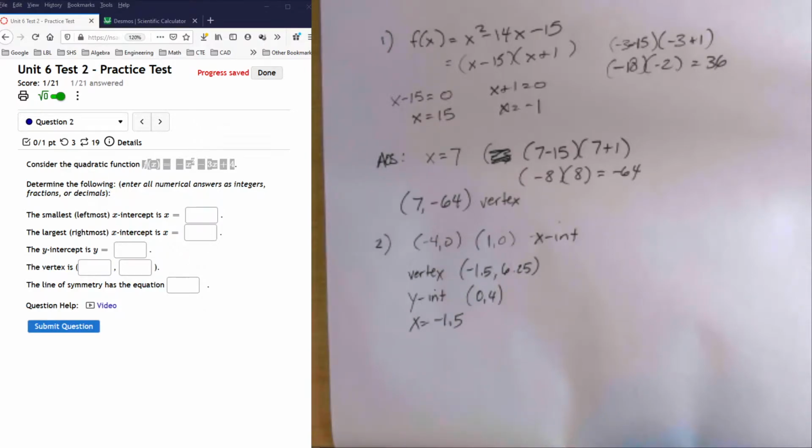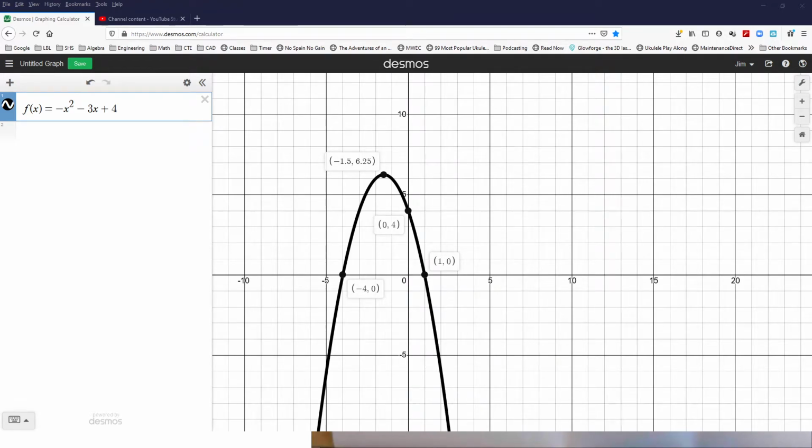Okay, so switch back over here to our question. Oh, sorry. I forgot to switch to Desmos. There's the equation in Desmos. Okay, so negative x squared. And you can see all the points, right, that I've selected there. Okay, so here are the x-intercepts. Here's the y-intercept, the vertex, and the axis of symmetry goes right down through the middle.